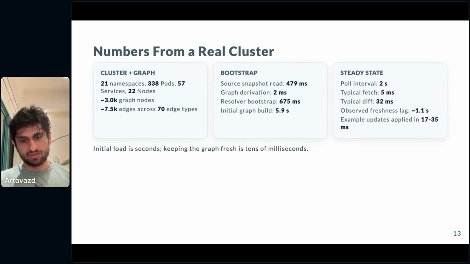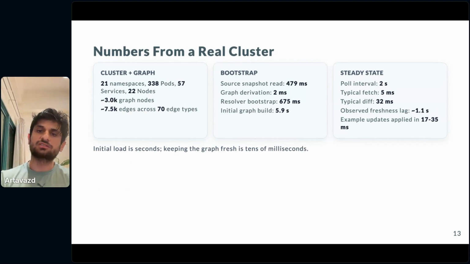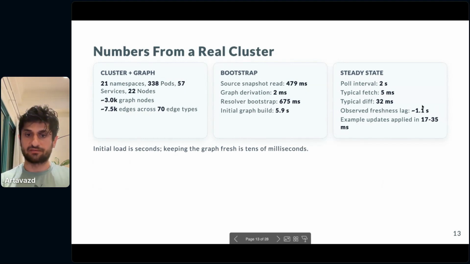To understand how much lag there is between the current time and the last synced state, I track a couple of metrics, and the typical freshness lag is around 1 second. Of course, this heavily depends on your cluster and its size, but you can use it for near real-time work.